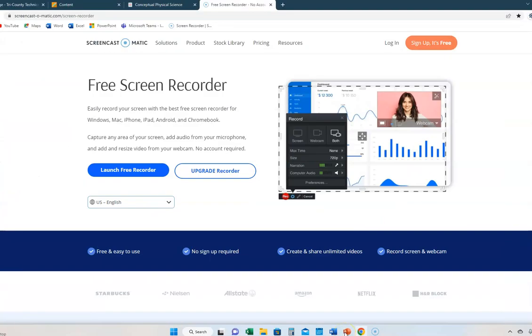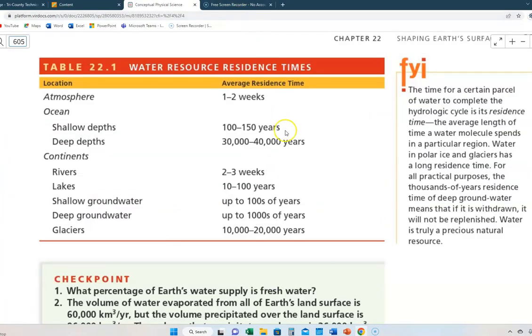Let's see, do I have it? No, let's see, right here. Yeah, so this is really good. When you think about some little parcel of water, and how long it takes to complete the water cycle, that's called the residence time. The residence time is how long the water exists in the atmosphere, for example, and these are average values.